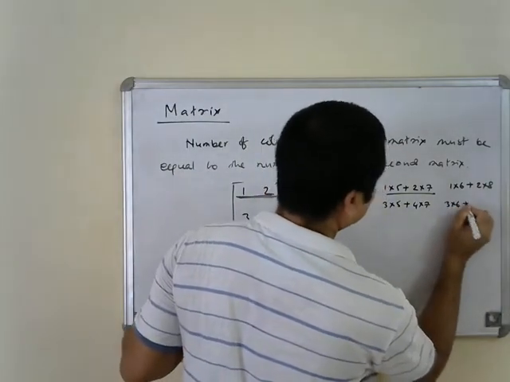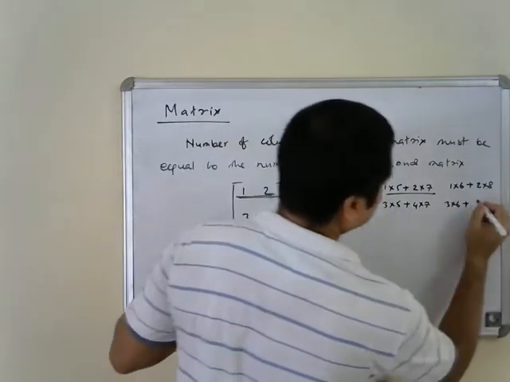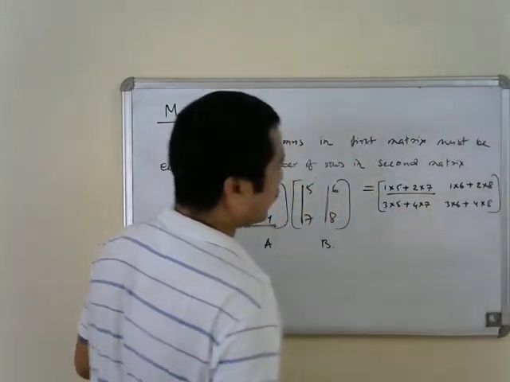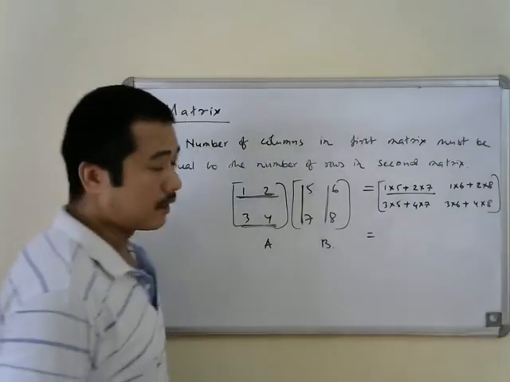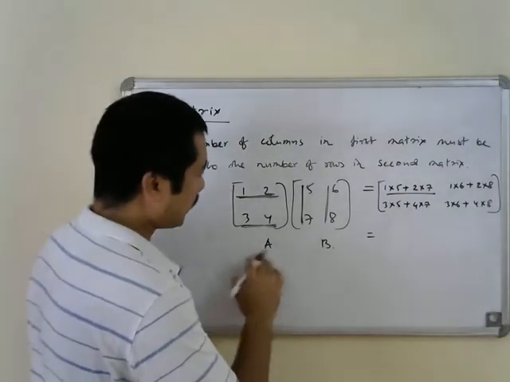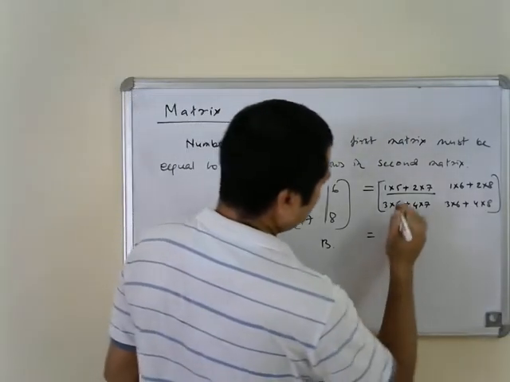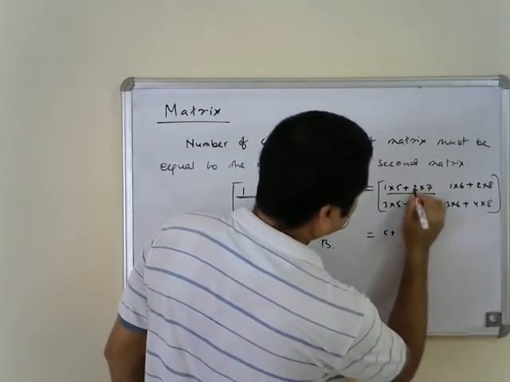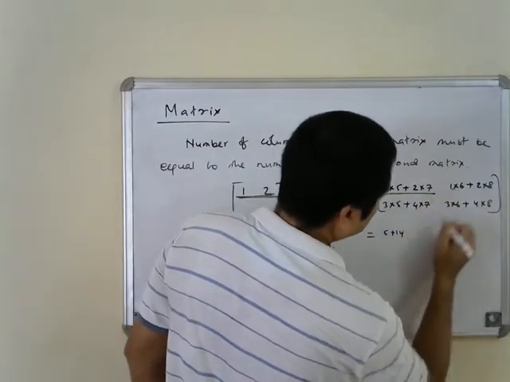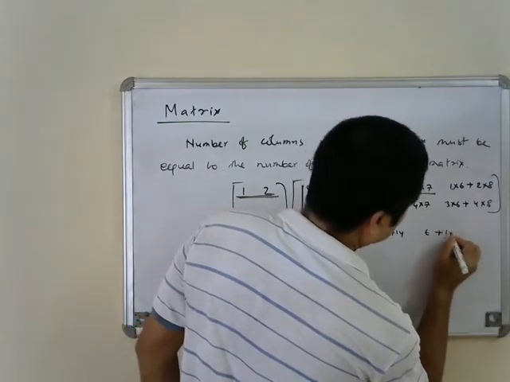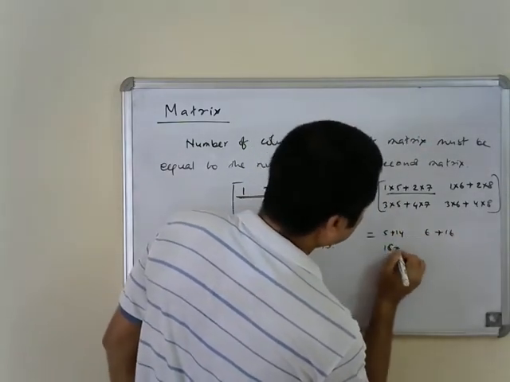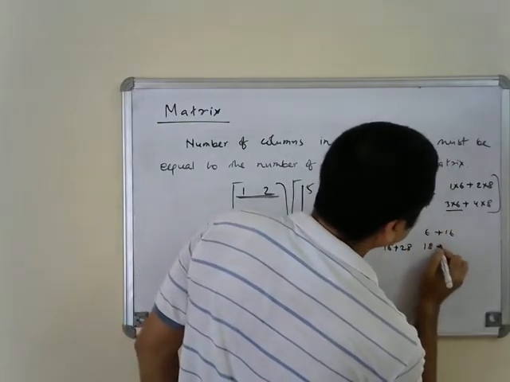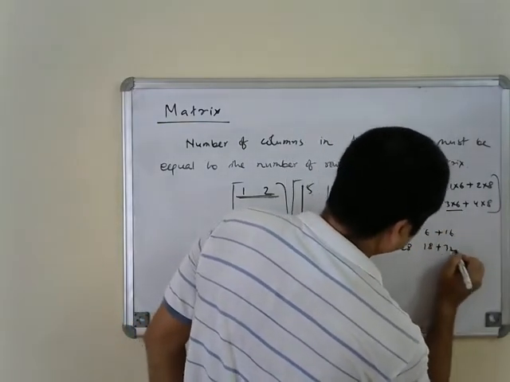3 into 6 plus 4 into 8. So these results will essentially give us the resulting matrix by the product of two matrices. So this is equal to 5 plus 14, and this is 6 plus 16, 15 plus 28, 18 plus 32.